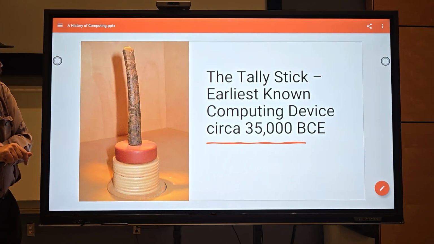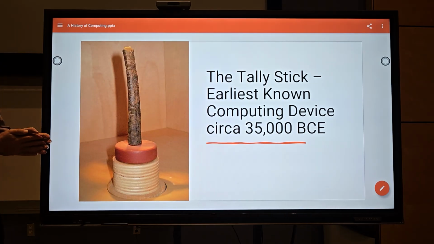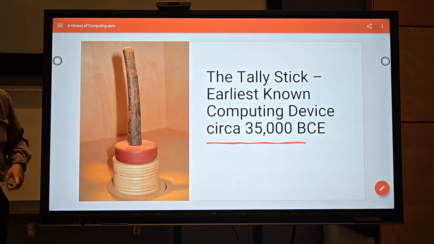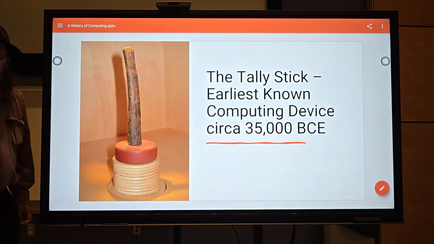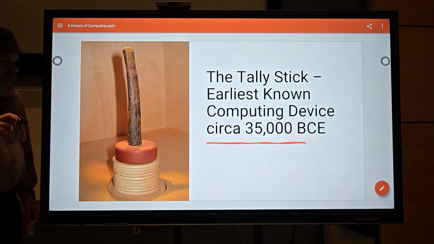This dates back to about 35,000 BCE, and could be used for basic counting and multiplying by rows and columns and that sort of thing. Obviously, written records weren't available at the time, so the exact usage and application of the tally stick is not recorded. We can just guess.